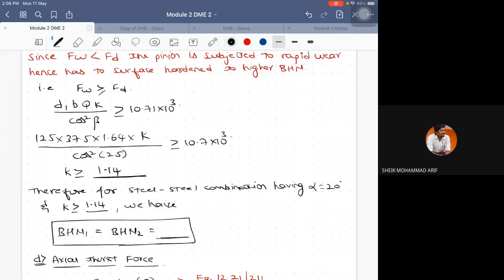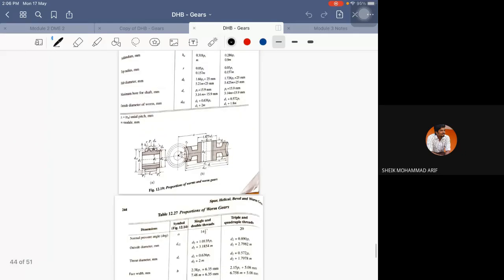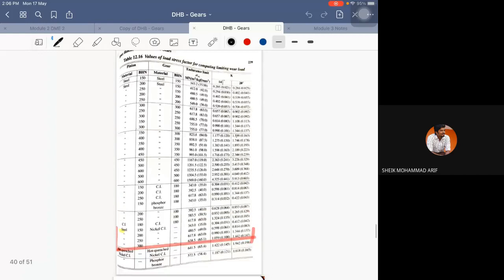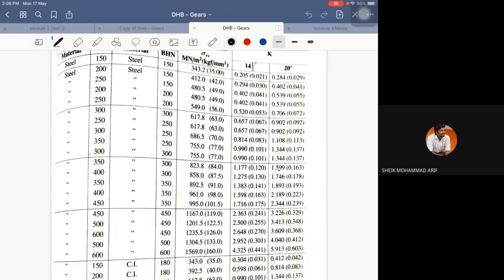Okay, just go to the table and check what the table number was. Is the K value there? Yes, I think this, right? For 20 degree stub teeth and steel combination, go for 1.14 above.